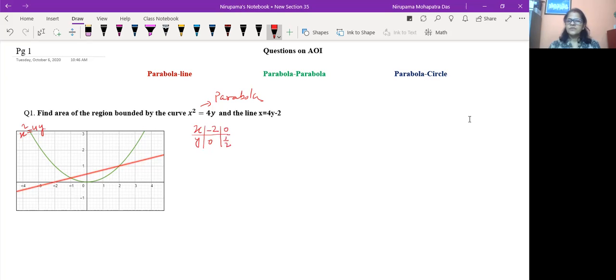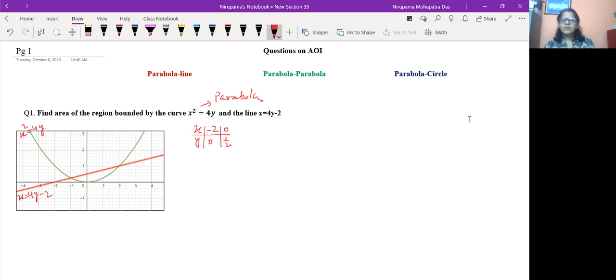I have used GeoGebra software to draw this, and using the snipping tool I have taken the rough sketch here. Otherwise, in the exam we will be doing it manually. This is the parabola x square equal to 4y, and this is the line x equal to 4y minus 2.